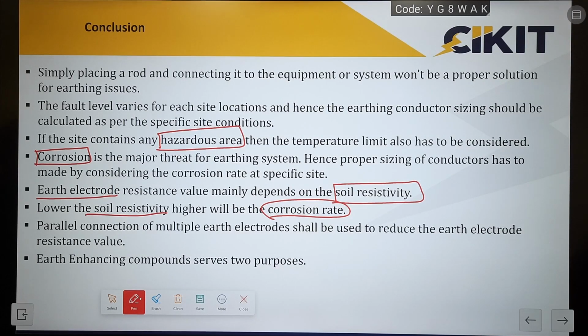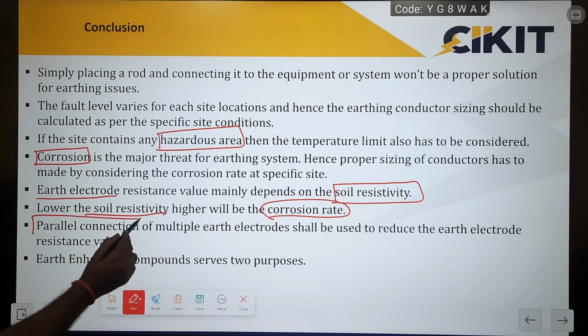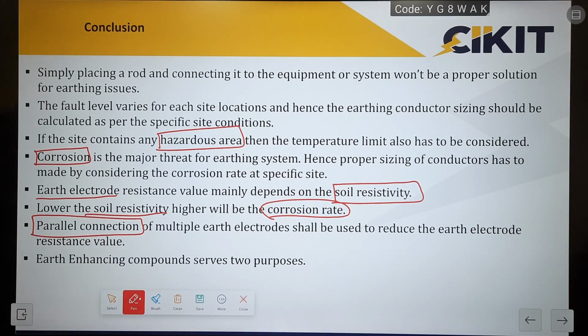If I want to reduce the earth electrode value to a lower value, I can go for either multiple earth electrodes in parallel connection, or artificial treatment of earth electrodes using earth enhancing compounds. For the parallel connection of earth electrodes, we cannot use the same formula which we use for electronic circuits.